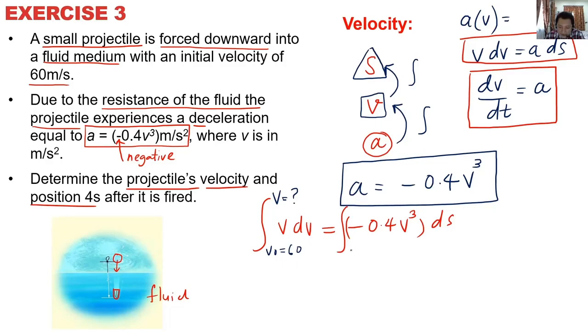So this one is the S. Original S would be 0. S final, you don't know. So you have two things that you don't know here. You don't know the velocity and you don't know the displacement also. And it's trying to let you know what is the position after 4 seconds. So you need to find velocity at 4 seconds and position at 4 seconds.